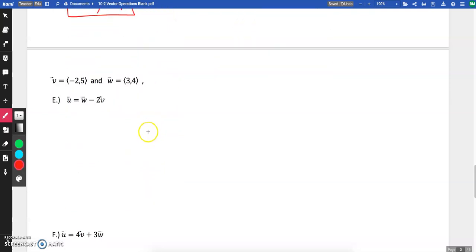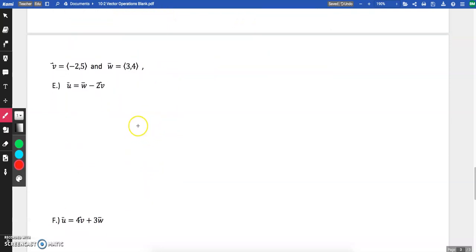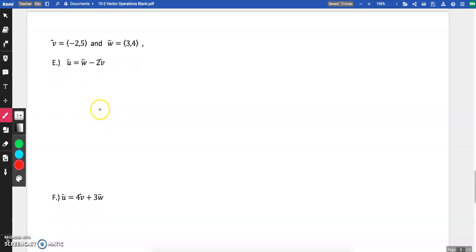And let's see, we got 2 more to try. We're going to combine some operations, and then you'll do a little bit on your own. Okay, I'm actually just going to do one of these, and then I'll have you do the last 2 on your own. So, again, I just rewrote v and w for you. So here we're doing w, so we can substitute in 3, 4 for w, minus 2 times vector v. Okay, so we're going to follow our order of operations.